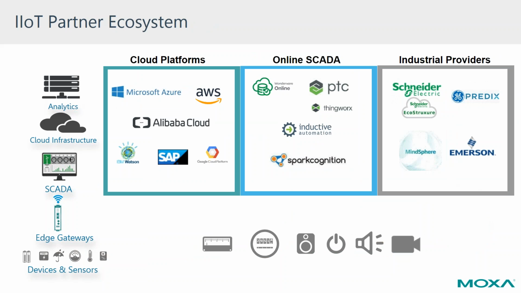If we look one step further, we start to outline the partner ecosystem, and this is where Robert Jackson has the role within Moxa as our global IoT partner manager. But even when we look at partners in the ecosystem, we try to categorize those different partners because there's a lot of different pieces to these solutions. So on the left-hand side, you see cloud platforms. I think this one is probably the most well understood.